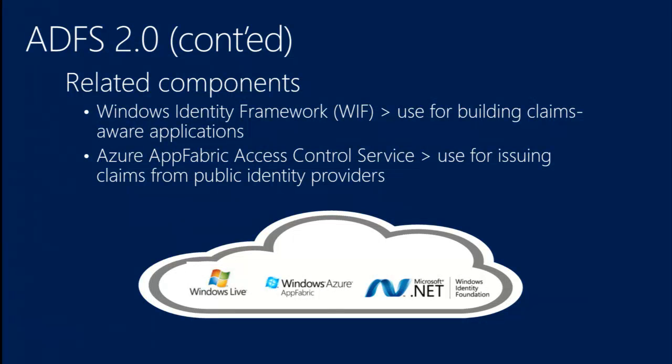So each claim is extracted into an instance of a Windows Identity Foundation defined claim class, and that provides developers a consistent way to work with the token's information. So you can access things like the claim type, the claim value, the issuer, regardless of whether and how that claim was produced. One thing to mention here is that Microsoft itself is using Windows Identity Foundation to add support for claims-based identity to its own products, including SharePoint 2010.